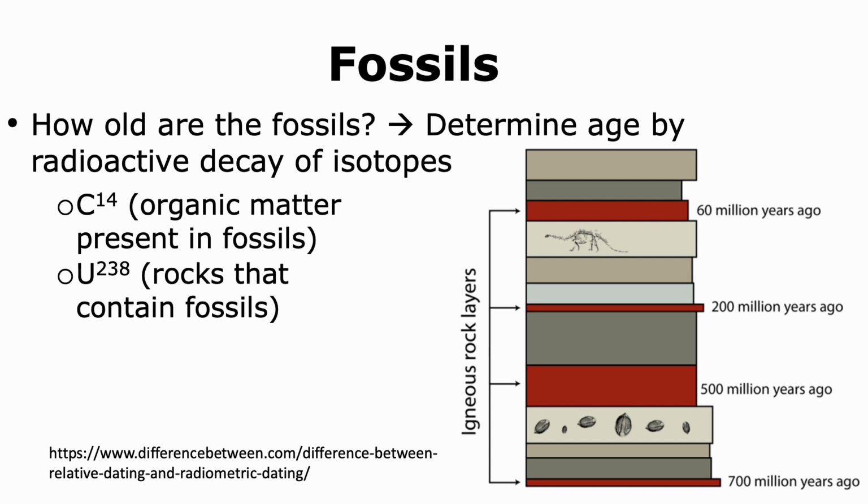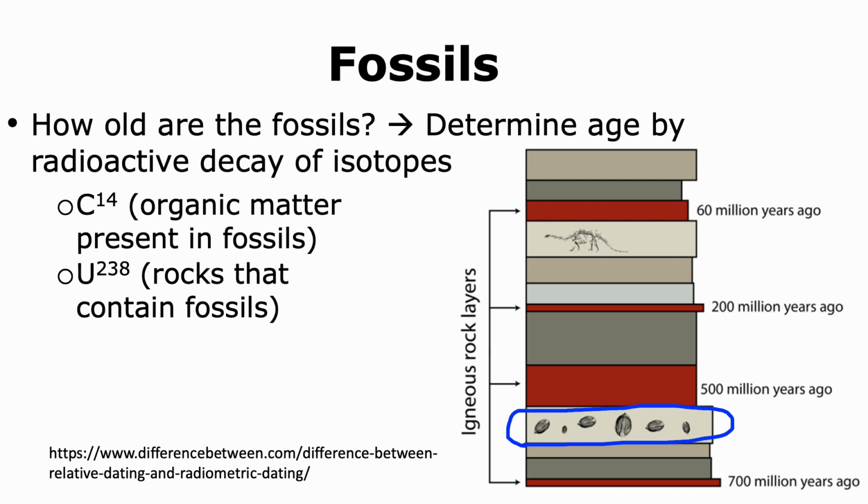Now, when we look at the different layers in which fossils are being found, we know that the younger fossils will be towards the top of the sediments, while the older fossils will be much deeper in the sediment. By measuring the uranium-238 levels in these different layers of sediments, we are able to determine the actual age of the fossils.